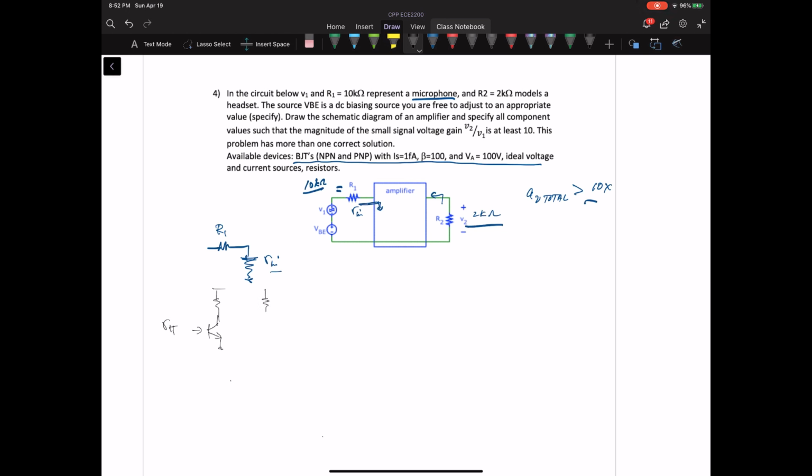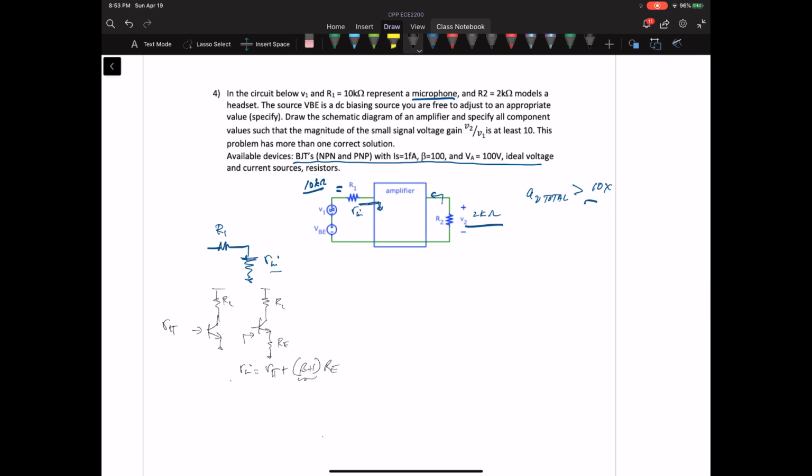And for the degenerated common emitter amp, the input resistance Rin is equal to r sub pi, so that part is the same as the common emitter, plus beta plus 1 times r sub e.